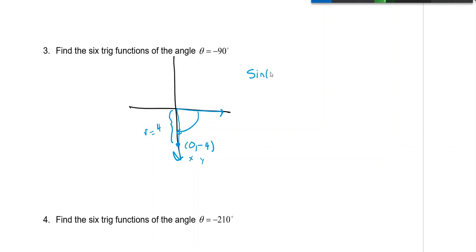So sine of minus 90 degrees would be y over r, which gives me -4 over 4, or -1. The cosine of minus 90 degrees is x over r, which is 0 over 4, which is 0.